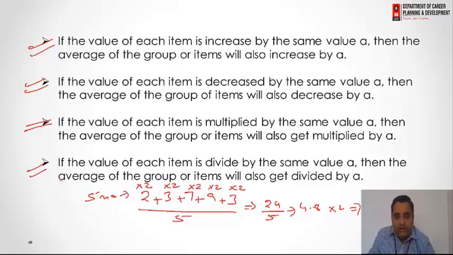The fourth one: if the value of each item is divided by some value a, then the average of the group is also divided by a. Now the last but not the least, it's also an important one.